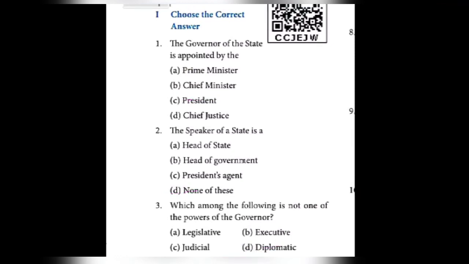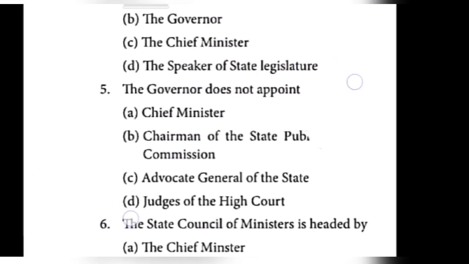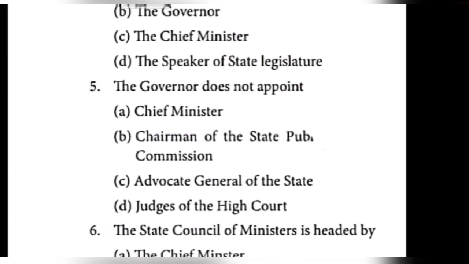The next, what is given in the sense, children. Fourth one, governor is the answer. Fifth one, later after teaching I can give the answer, children.